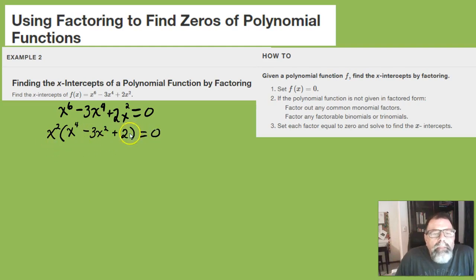Now this is a trinomial, and we're going to do that trick. We're going to make it behave like a quadratic. It's to the 4th power, but you still have the 3 terms. You can use the substitution idea, or I just say, all right, we have x to the 4th, x squared. So I'm just going to do x squared, factors of 2 that add to 3, 2 and 1.